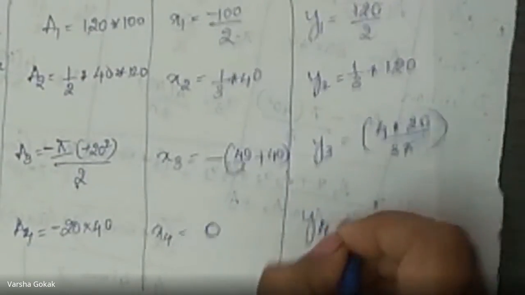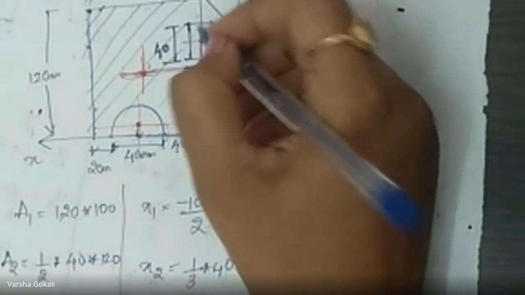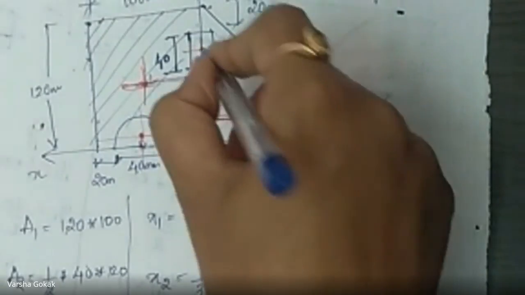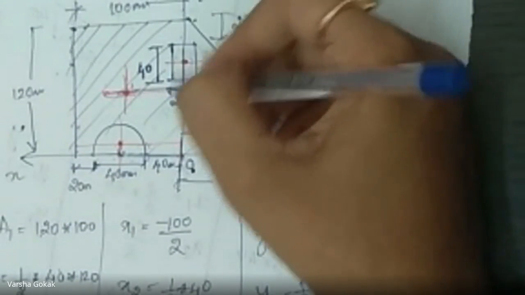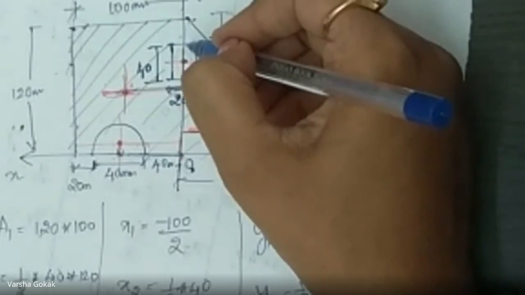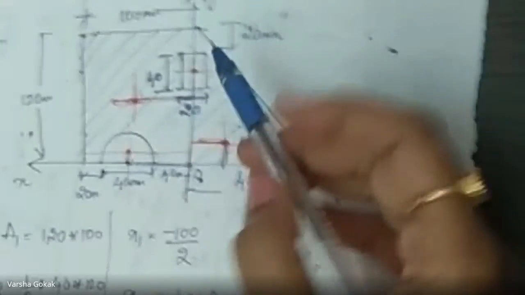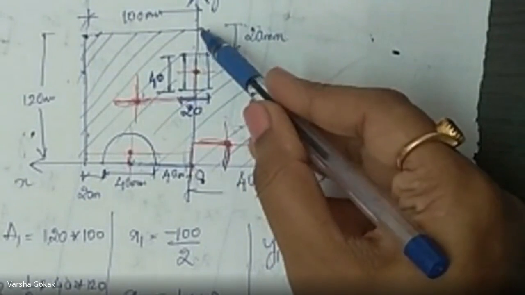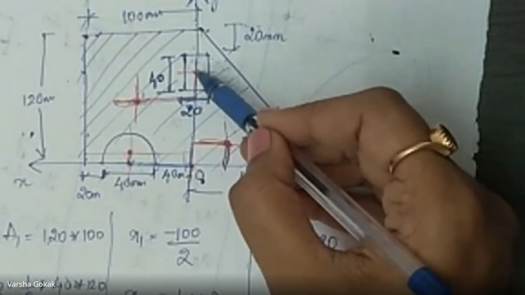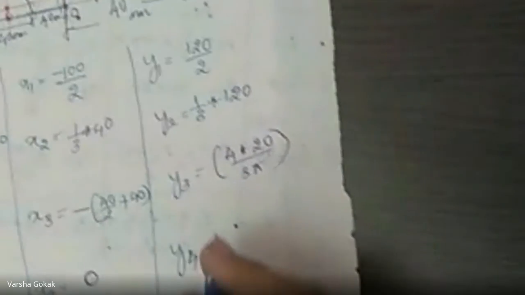What about Y4? Y4 would be, I have to add distances from here up to this point. Okay. So what we can do is we can come from top. This total is 120 minus 20 minus 40 by 2, you can write. I want this distance. So to find this, total is 120 minus 20 is given, minus 40 by 2. Okay, that becomes your y4.